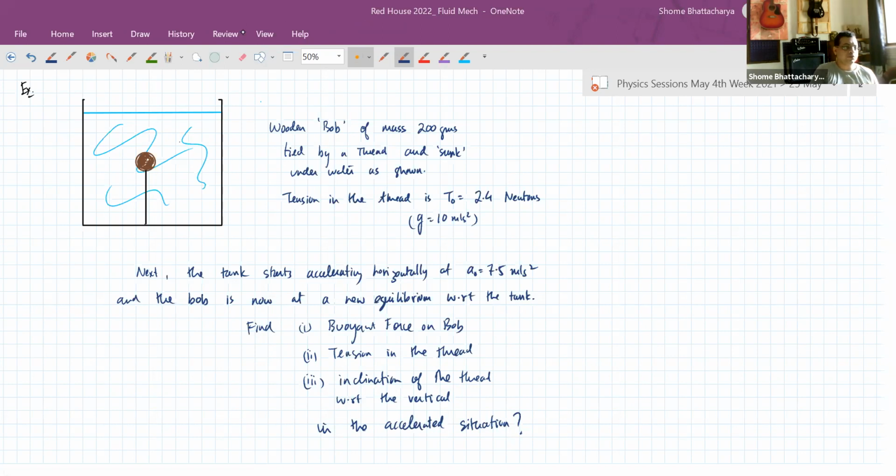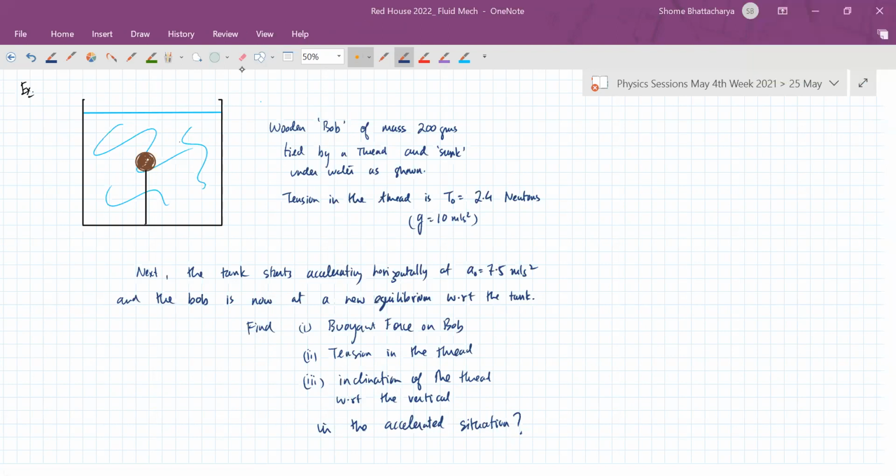Okay, Vineet, I'll scroll up. Just let people write down the question, the data of the question, and start working on this. I'll scroll up in a moment. So think very carefully about all the various forces that act on the bob in the non-inertial frame of the tank when it starts accelerating horizontally.